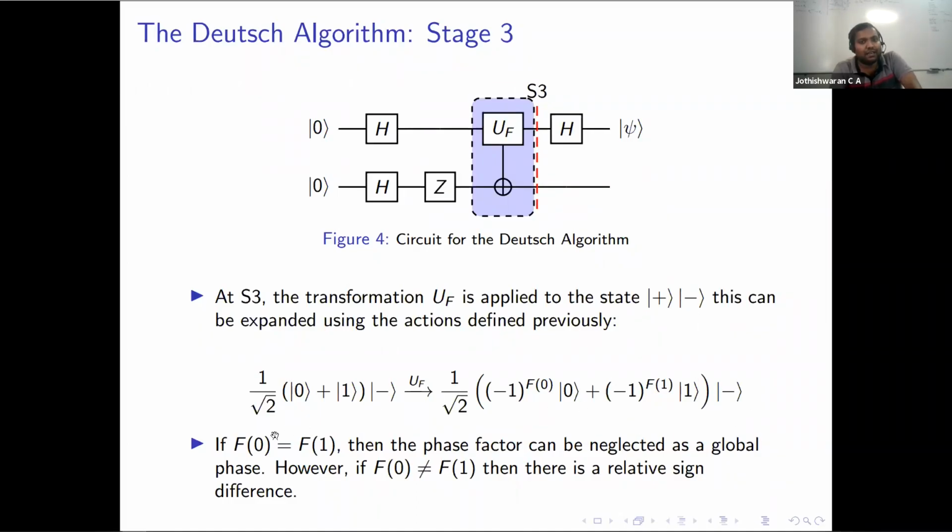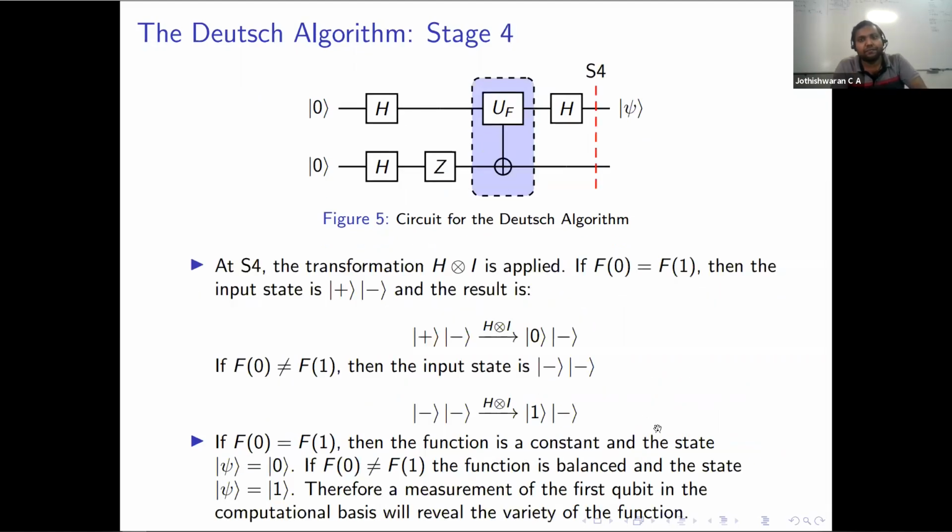If f(0) is equal to f(1), then these signs are common. They can be pulled out and neglected as a global phase factor. If f(0) is not equal to f(1), then there is a relative minus sign, either minus |0> plus |1> or plus |0> minus |1>. So the state is either |+> or minus |->. After that, we apply the Hadamard operation.